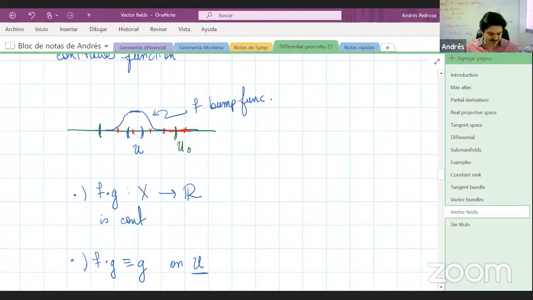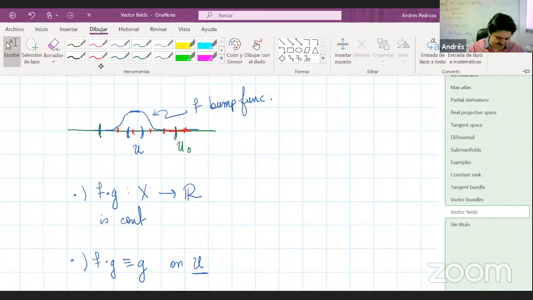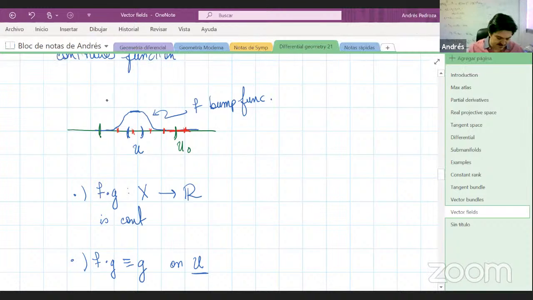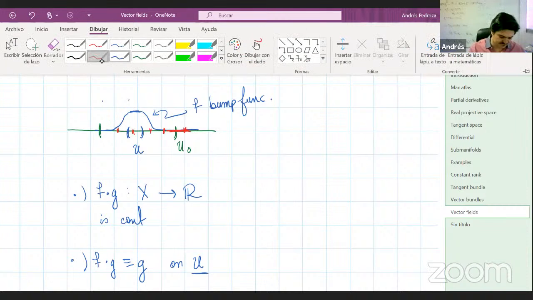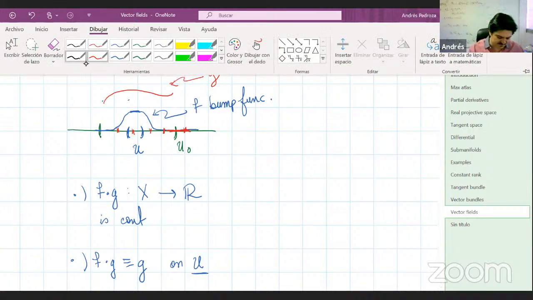So for instance, if this is G, the graph of G, the extension doesn't look like that, it looks something like this.